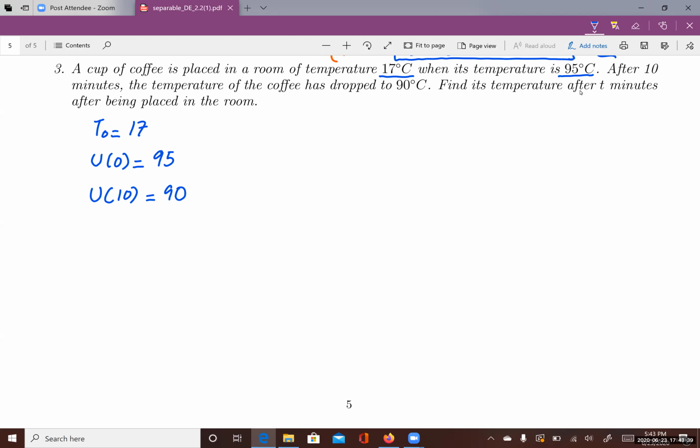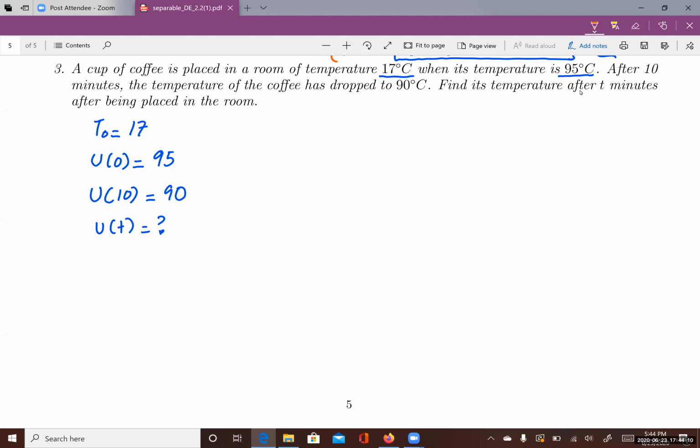Your goal is to find the temperature after t minutes after being placed in the room. So again, we just need to find U of t equals what? What function for U of t? And because we are measuring an object's temperature, given the ambient temperature, we can use Newton's law of cooling.